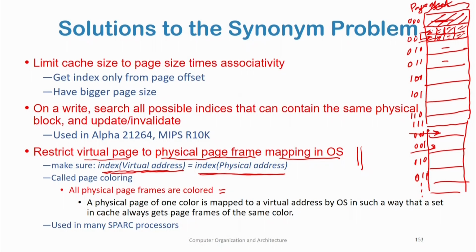Okay. Now, I will use this scheme. A physical page of one color is mapped to a virtual address by the OS in such a way that a set in cache always gets page frames of the same color. So, this physical page will be mapped to a virtual address.